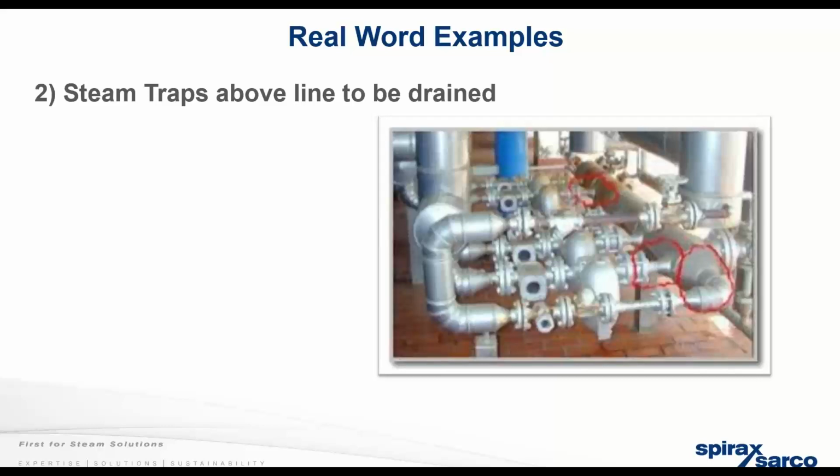So steam traps like to maintain level, and they can be used not only in steam systems, but also in refrigeration systems for liquid level control. So we need to look at our piping systems, drain appropriately, and drain off the bottom. And these types of drain systems just cause water hammer.